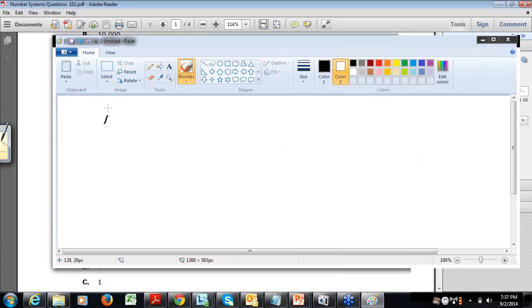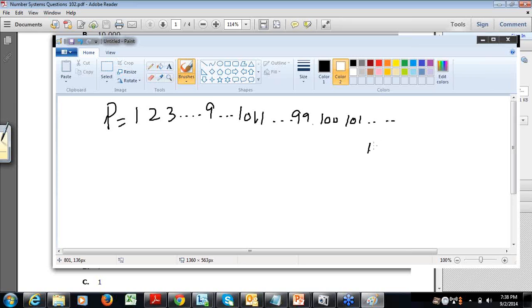See, the number will be written as 1, 2, 3, then 9, then 10, 11, 99, then 100, 101 till 1000.